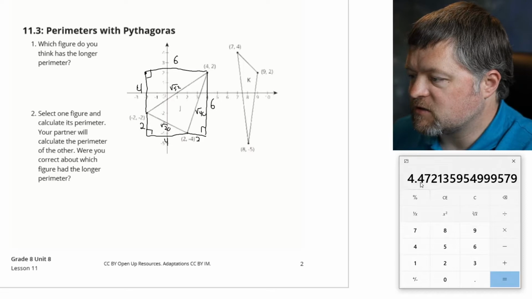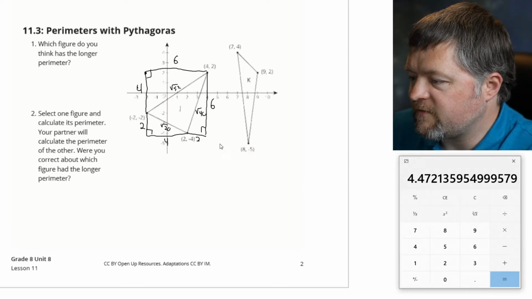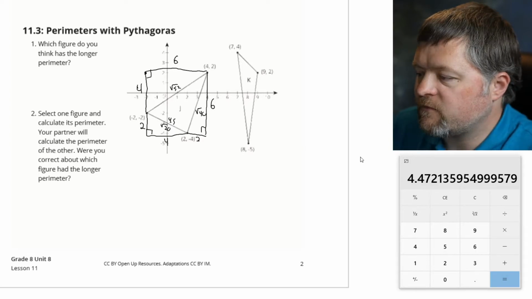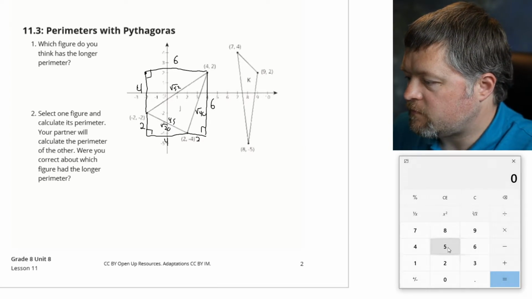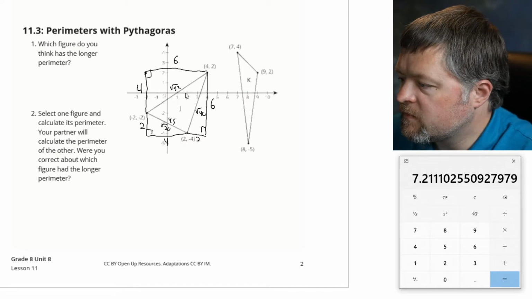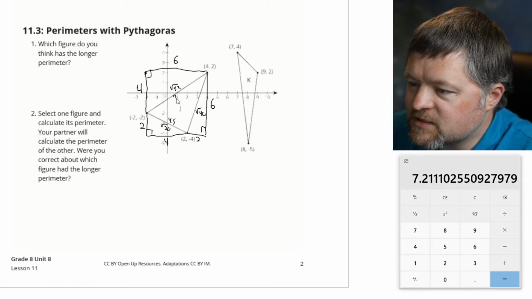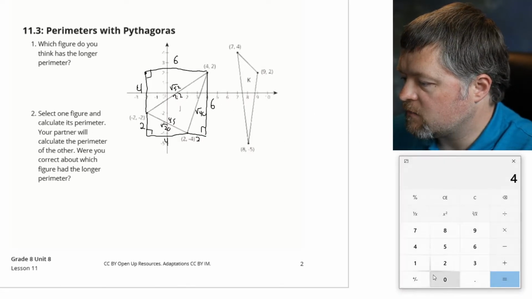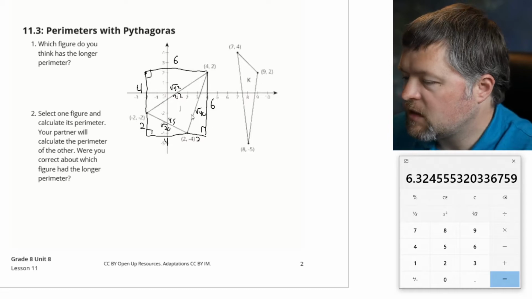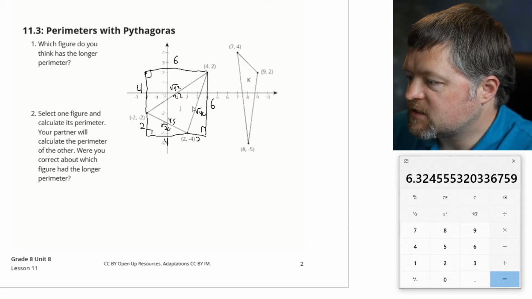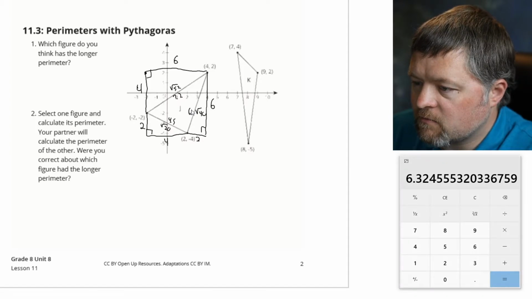Square root of 20 is 4.47. Let's just call that 4.5. Square root of 52 is about 7.2. And the square root of 40 is 6.3.